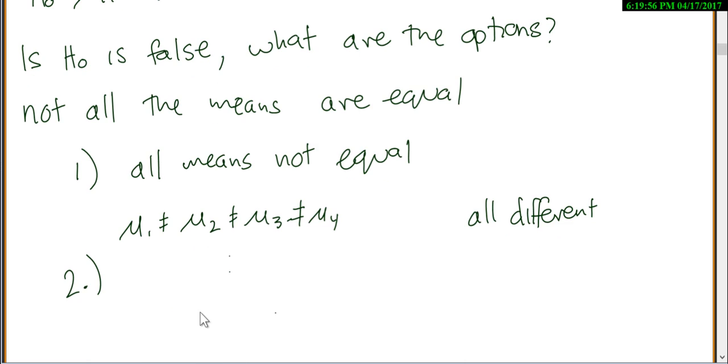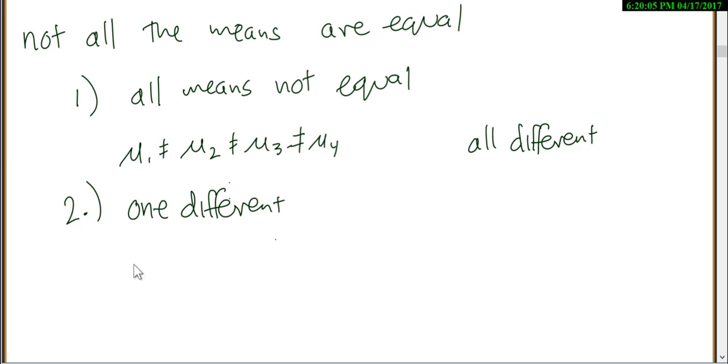But it's not the only way the null could be false. You could also just have one that is different. Perhaps the first mean is not equal to the second mean, but the second one is still equal to the third one, still equal to the fourth one. If even the first one is not equal to that second one, does that mean that the null is false? Yes, because the null is that they're all equal and this wouldn't be true.